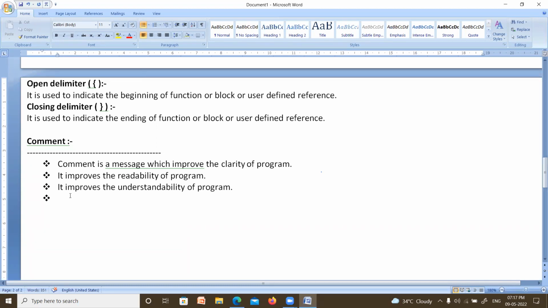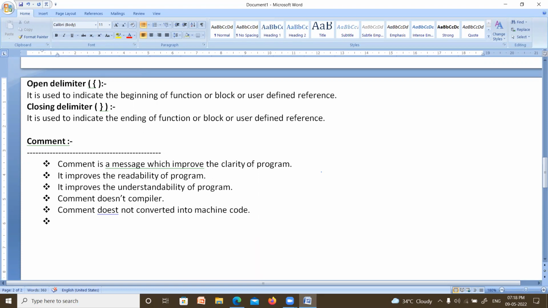So it won't compile. Comments don't compile. What is the meaning of doesn't compile? Compile means converting to machine code. Comments are not converted into machine language, machine code.